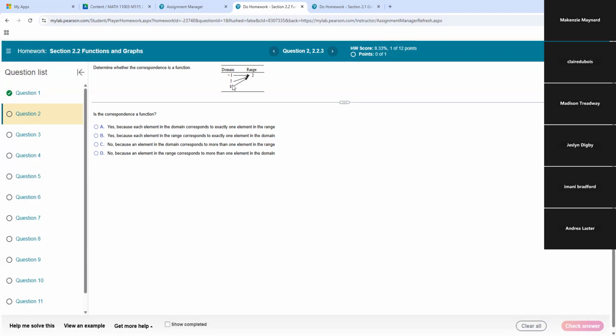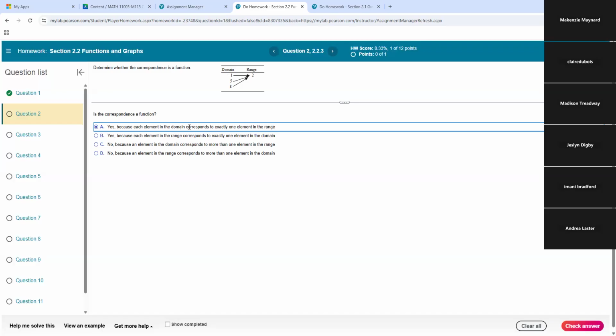Each one of these domains only has one y value. So this is definitely a yes. Yeah, because each of the domains only goes to one range. So Monty, perfect. So you start with the domain, not the range on these, okay?